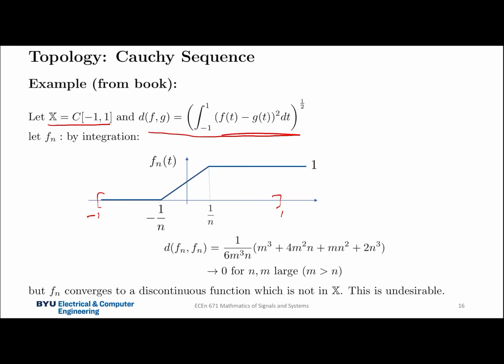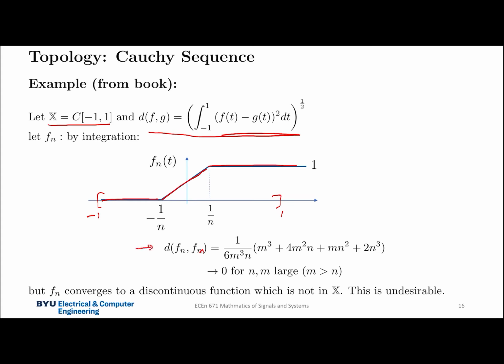Now, if we define F_n to be the function that is 0 up to -1 over n, and then linear between -1 over n and 1 over n, and then 1 after 1 over n, then you can find that the integral of the difference between F_n and F_m is going to be this function.